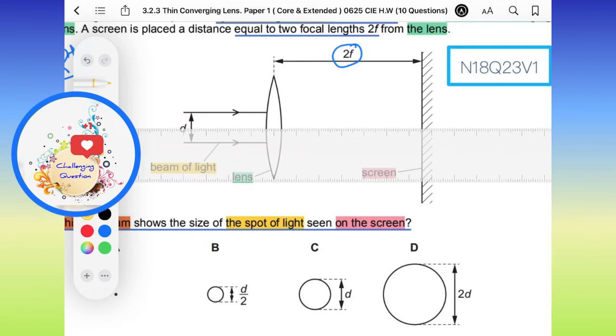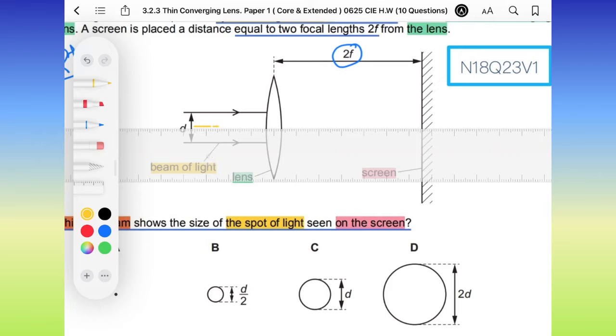Okay, so you can draw the principal axis here, and you have here the optical center, and approximately 2, 4, 5, 6, the focus here. It's not accurate, guys, but we are trying to.